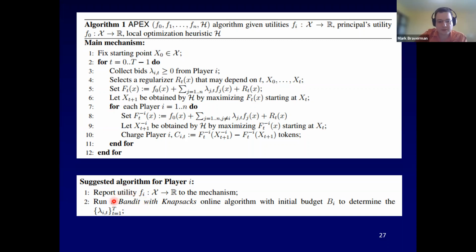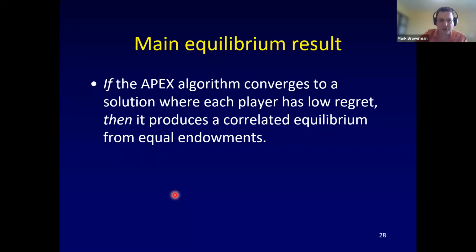But in a sense, this is enough for two things. So first of all, we get this very encouraging result. This is a big if, but if the algorithm converges to a solution where each player has low regret, then we get a correlated equilibrium from equal endowments, which is arguably the strongest solution concept you could hope for in this field of mechanisms without money.